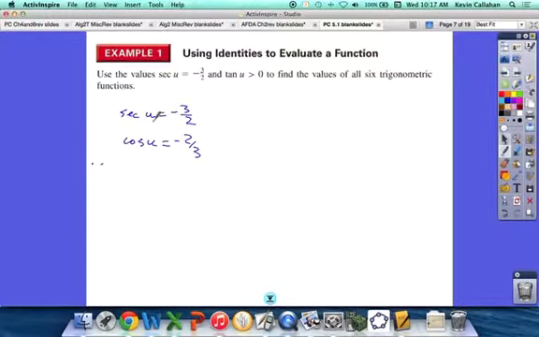If the secant is that, then the secant squared is what? 9/4, right? If you're going to square the left, you square the right. You got 9/4. Okay, now we have an identity which involves tan squared and secant squared. And I don't have this. Let's see.